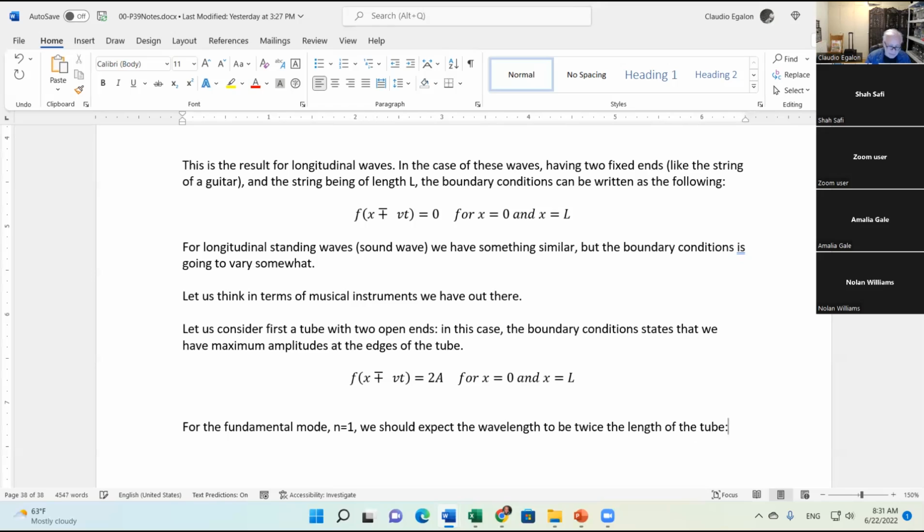Because we're fitting half of a wavelength. So specifically speaking, we say that the wavelength divided by 2 is going to be equal to L. Let's call the fundamental mode lambda 1.